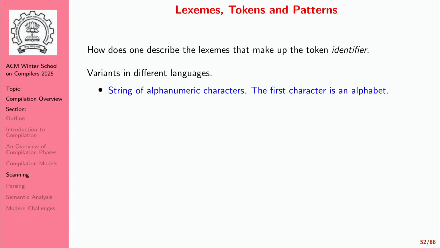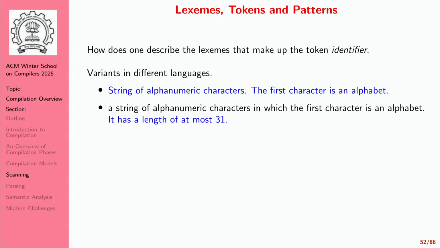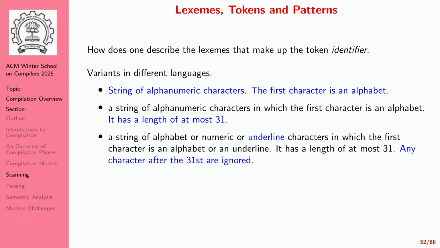I can describe the pattern by saying alphabet followed by any number of digits. Or I can say a string of alphanumeric characters in which the first character is an alphabet, but it has a length of at most 31. There are languages which say you can't have names larger than 31.